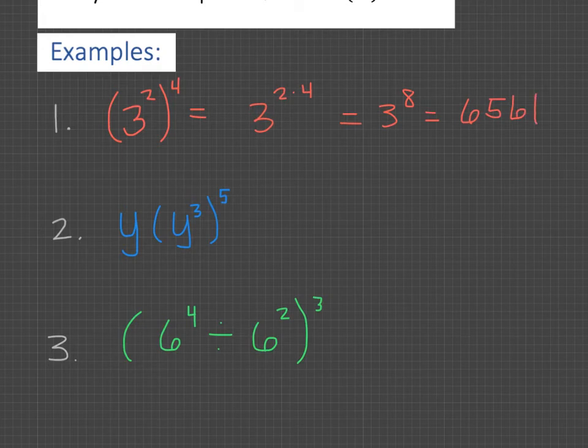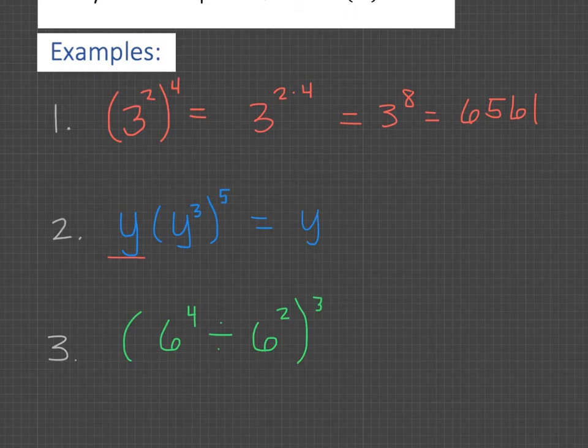Second example, we've got y by itself times y to the 3rd to the 5th. The y that is out in front does not have an exponent applied to it at all. So we are not going to apply any of our rules to this y that is out in front. That's just going to stay y.